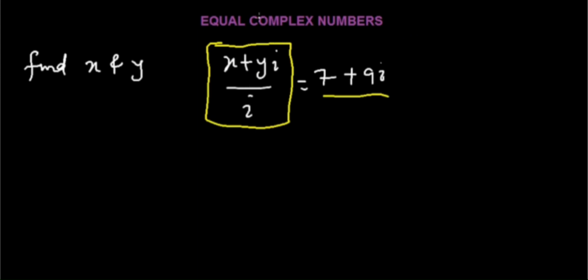So to do this, we need to rationalize first. To rationalize this, I will have (x plus yi) over i, then times i over i, isn't it?